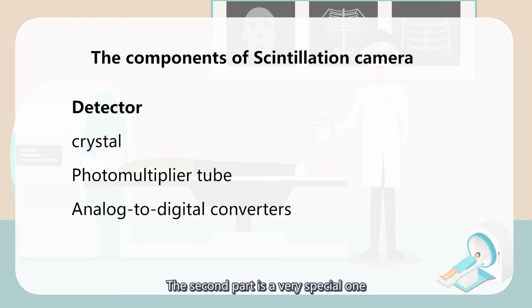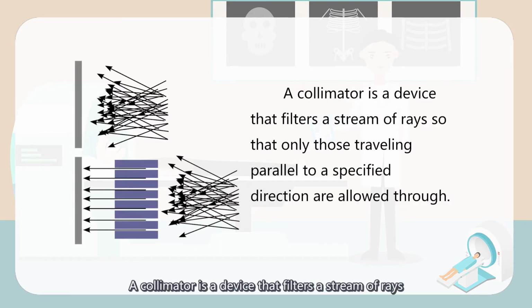The second part, a very special one, is the collimator. A collimator is a device that filters a stream of rays so that only those traveling parallel to a specific direction are allowed to pass through. Without a collimator, as shown in this photo, rays from all directions will be recorded.